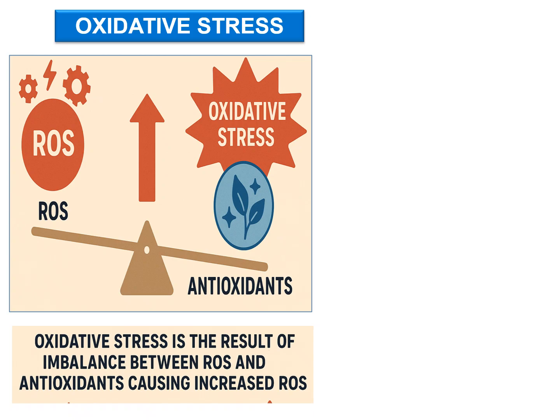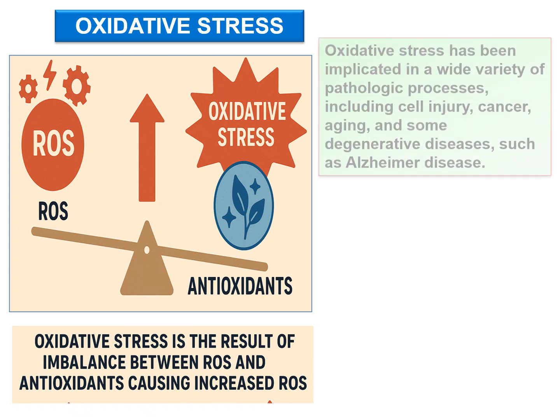But in oxidative stress, what happens? There is increased production of ROS, so that the antioxidants are unable to neutralize all the ROS, that is reactive oxygen species. So in that process, reactive oxygen species have the upper hand over the antioxidants. So this leads to the accumulation of more and more free radicals, causing damage to the membranes, nucleus and proteins.